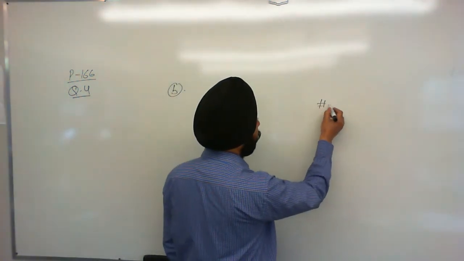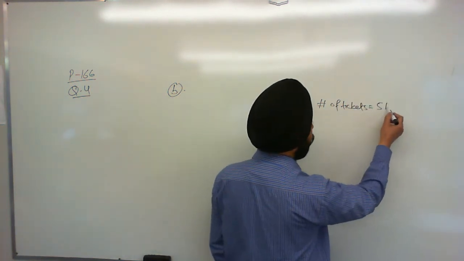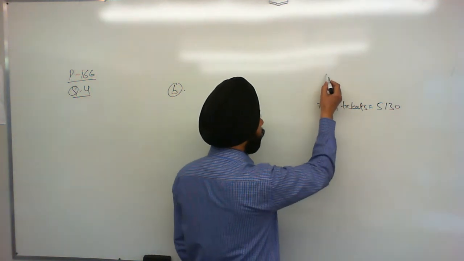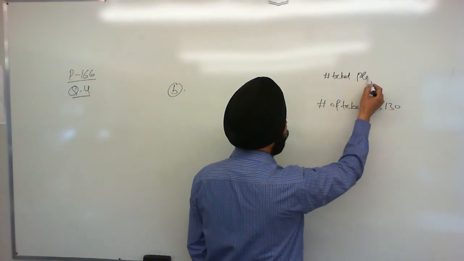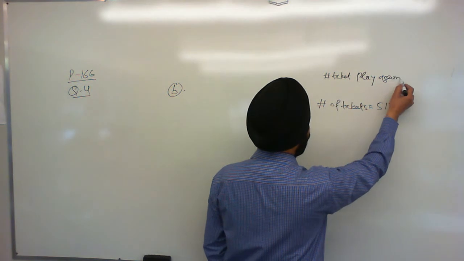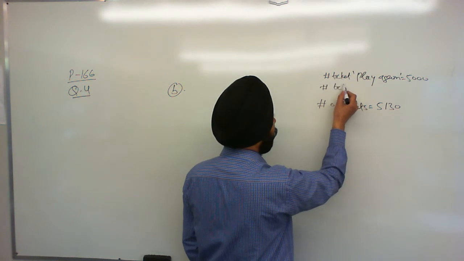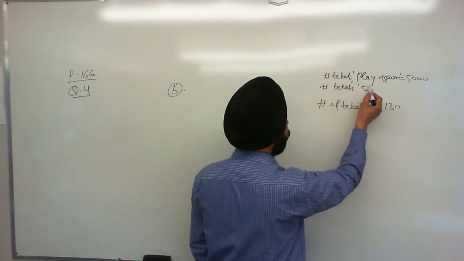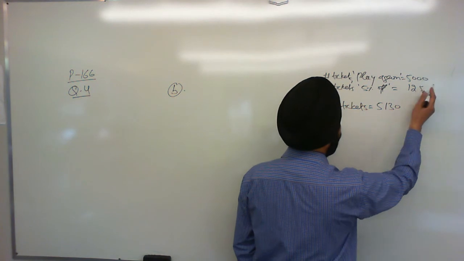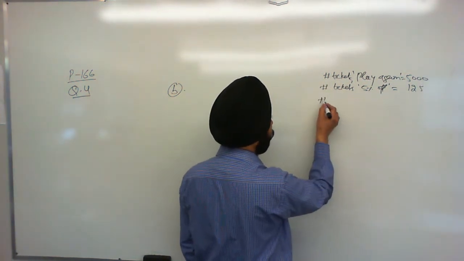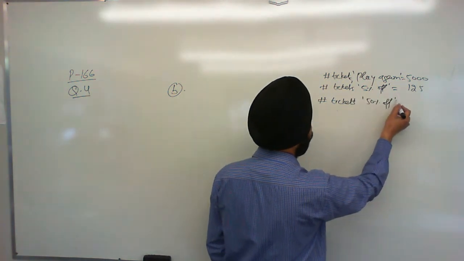We had the total number of tickets, 5,130. The number of tickets that say play a game were 5,000, the number that say 5% off was 125, and the number that say 50% off was 5.